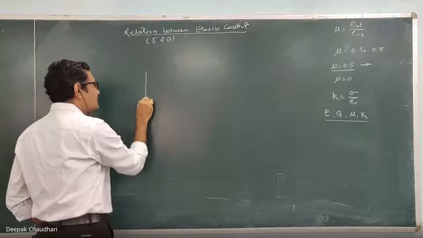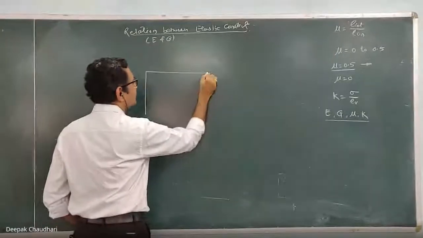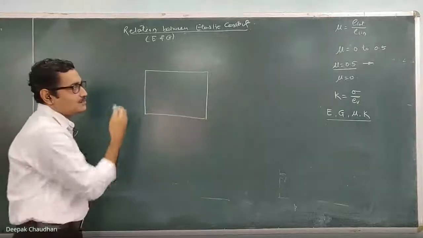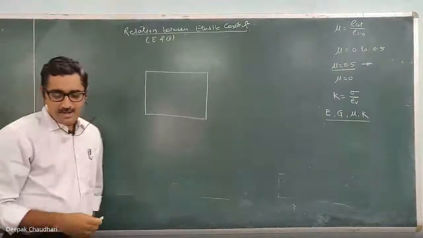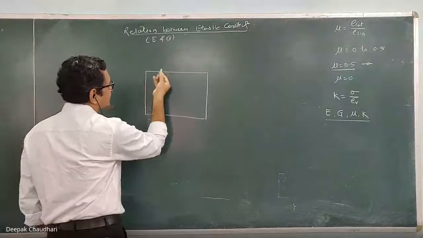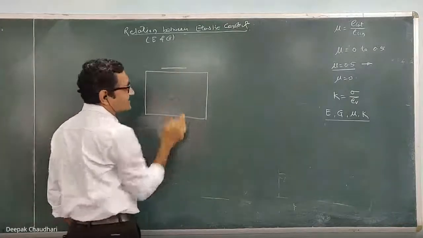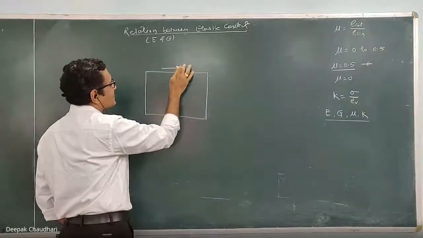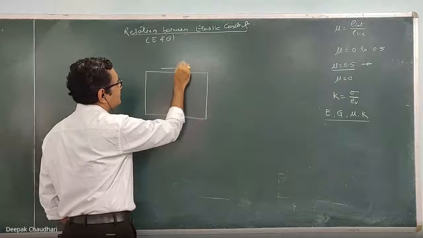Let's consider this is one cube, not a cuboid. I've shown the front view only. Now, if I apply some shear stress here, actually the stresses are induced, but some force is applied, and because of that, the shear stress induced on this surface is, suppose, tau.